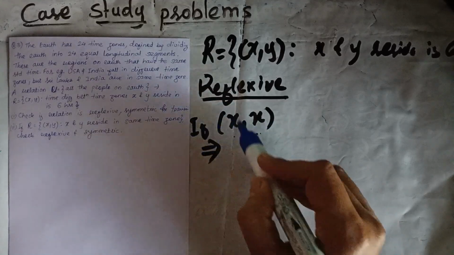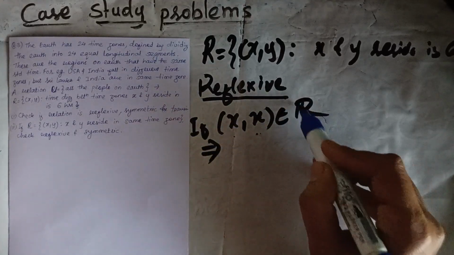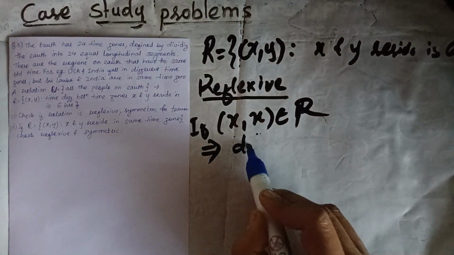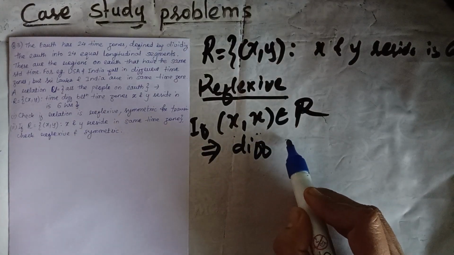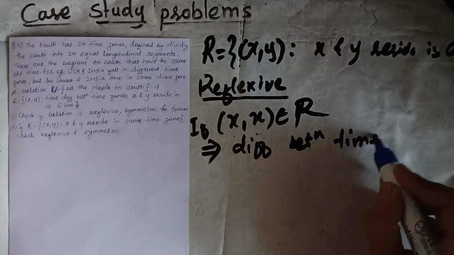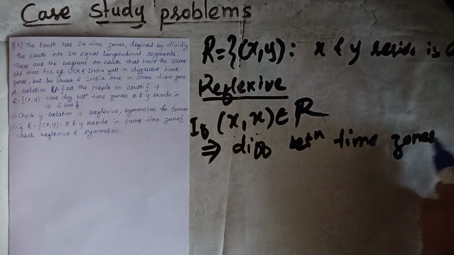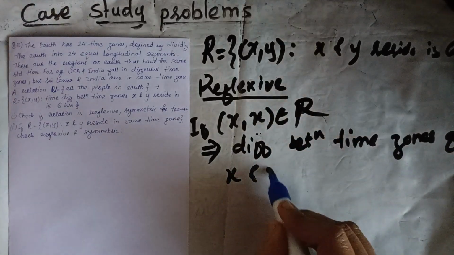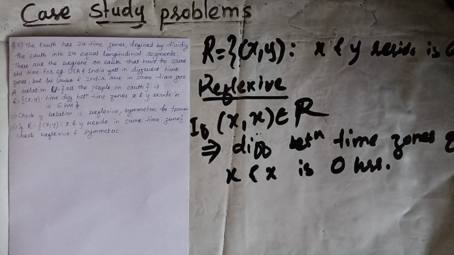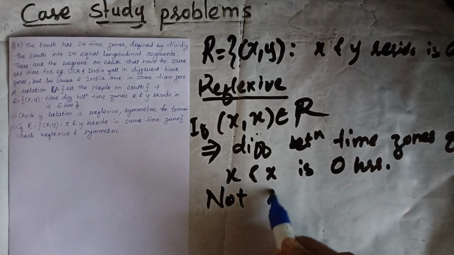If x comma x belongs to R, the relation set, then the difference between time zones x and x is 0 hours, correct? Because both are in the same time zone, the difference between them will be 0. So this is not reflexive.